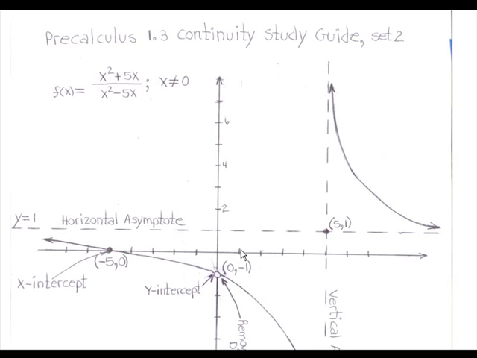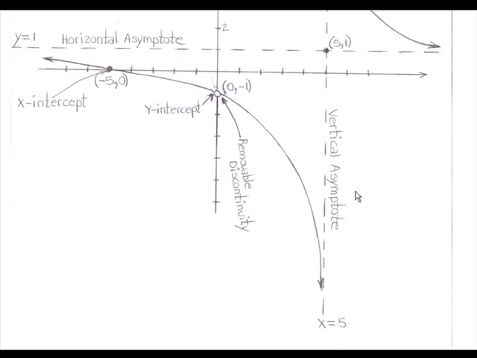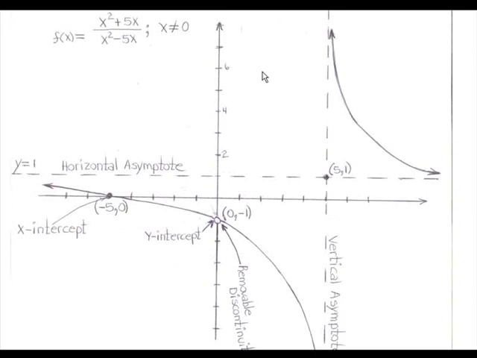So now, after using all of our tools, we are able to graph this function. As you see here, we have the vertical asymptote, which is x equals 5. We drew that in. We have the horizontal asymptote of y equals 1. And here we have the hole at (0, -1), because from the original function, we know that the original function is undefined at x equals 0.